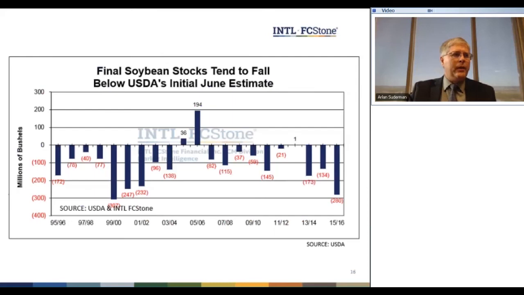And then the impact on ending stocks is USDA is very good at overstating soybean ending stocks for the new crop balance sheet this time of year. And so they tend to work their way lower, to the tune, in the years that they work lower, the average is, I think, around 140 million bushels lower. So 495 today, that would be 355 million bushels. Not running out of soybeans by any means.